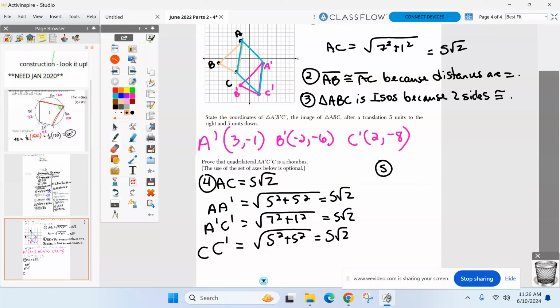If you want to go ahead and finish it, go ahead, because you guys know the next step has to be, hey, all 4 sides are congruent, and then the final step is why it's a rhombus. I'll do the same up here. I don't think I need to call on people or keep talking about it. You guys know the next step, show they're all congruent.